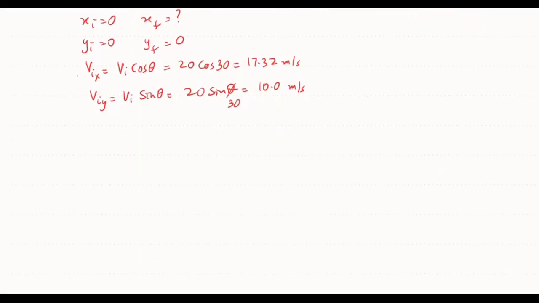Then the acceleration in the X direction is 0, the acceleration in the Y direction is minus 9.8, T initial is 0, and T final is what we are looking for.